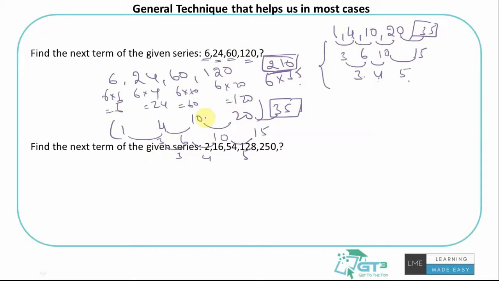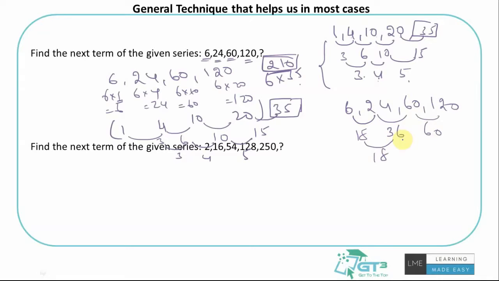The same question could also be solved in a slightly different way, with 6, 24, 60 and 120. I'll find the differences: 18, 36 and 60. Still I don't see a relationship between 18, 36, 60. 18 plus 18, 18 into 2, 18 into 3 that it should be 54. I'm not seeing any pattern. Let me see the differences between these.